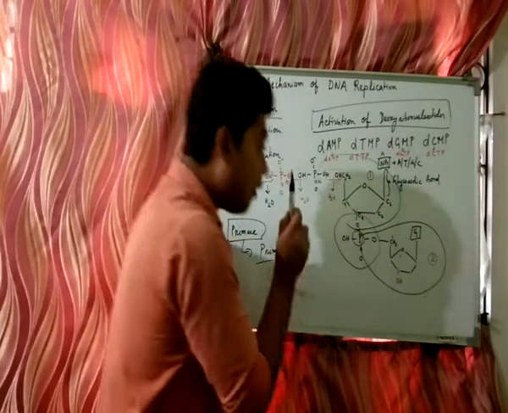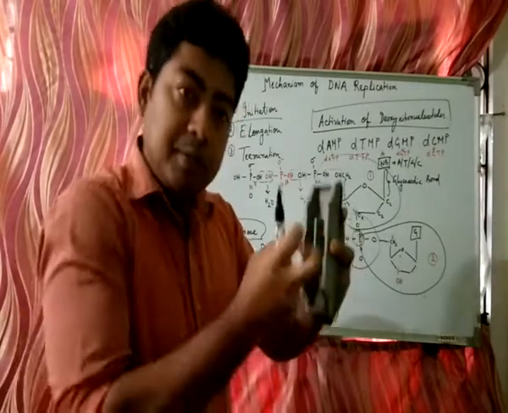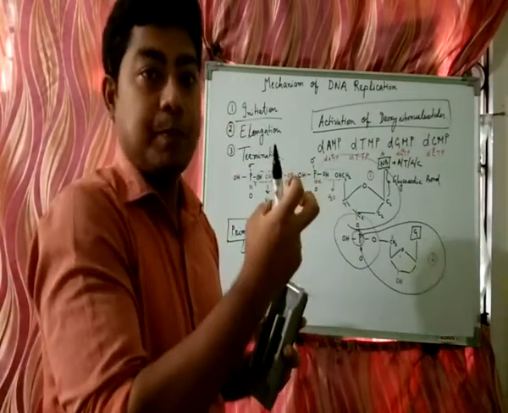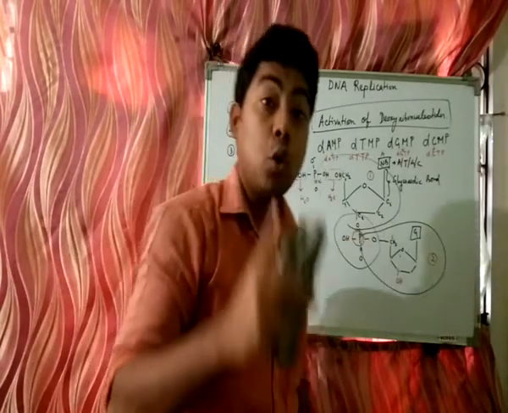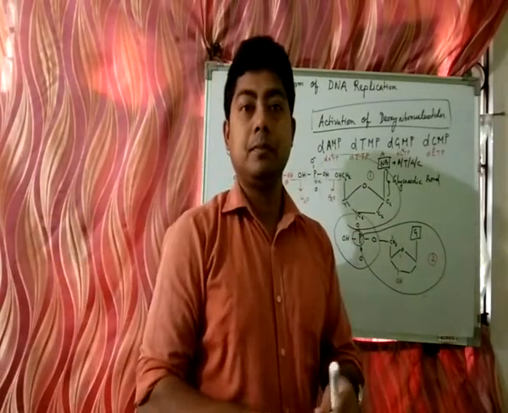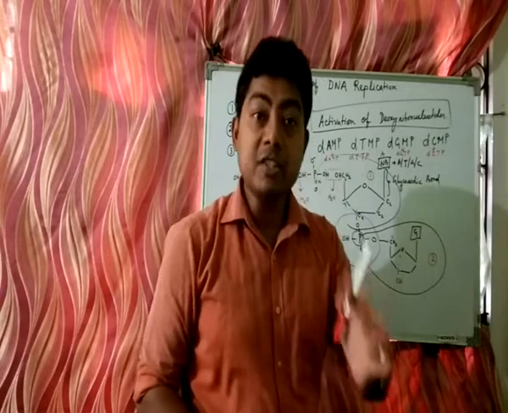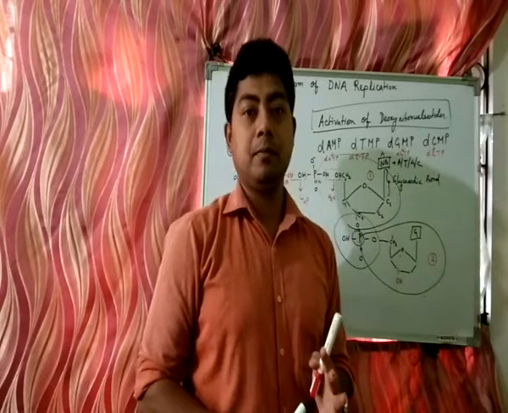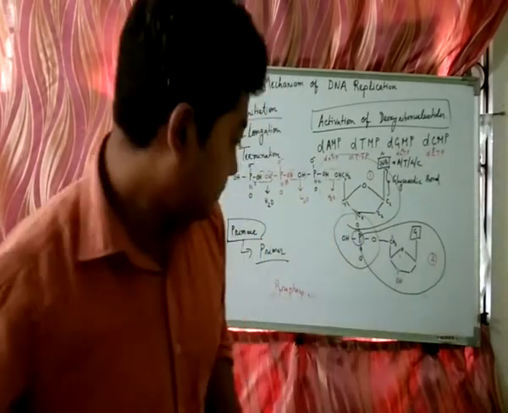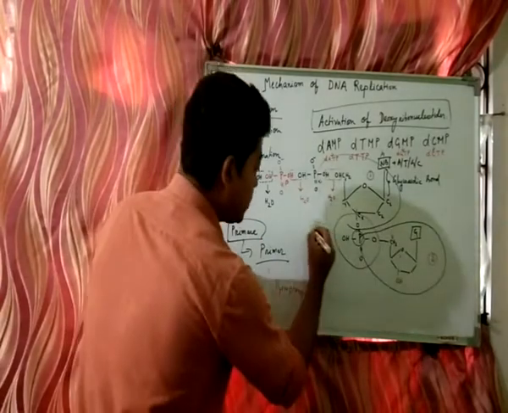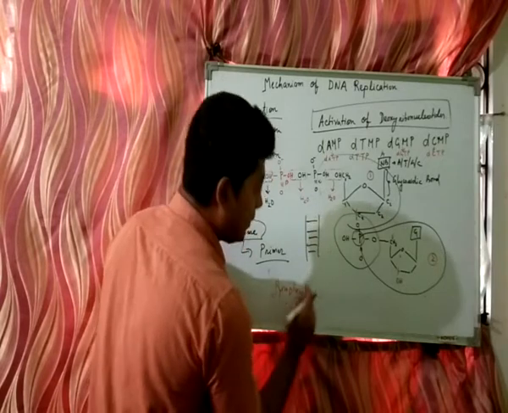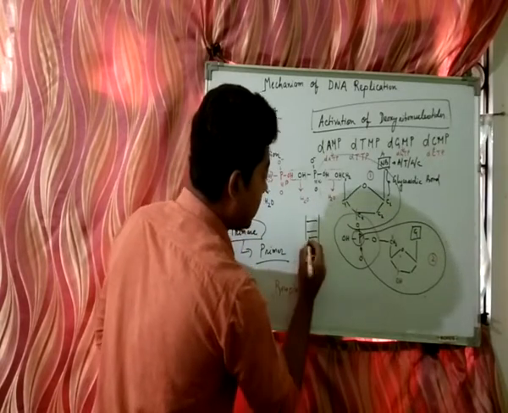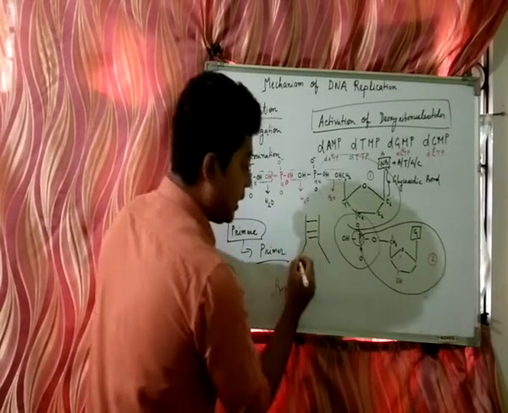So for addition of these nucleotides, DNA polymerase requires this OH group, the hydroxyl group. Suppose this is double-stranded DNA, so it opens up.